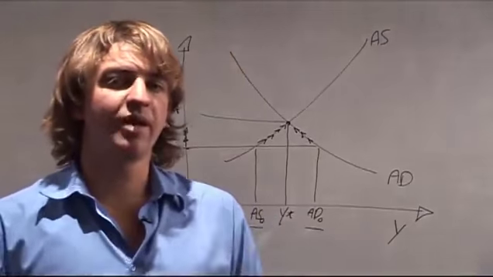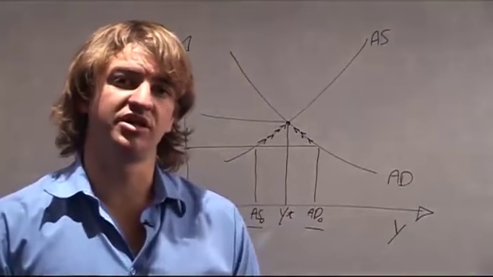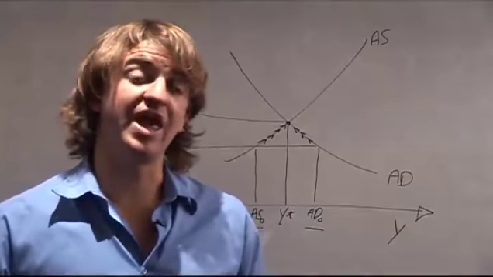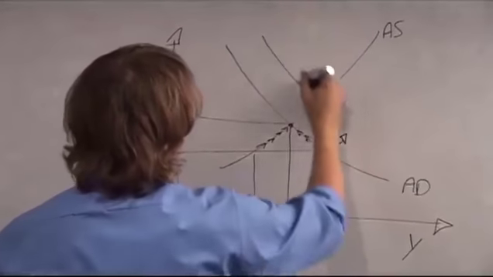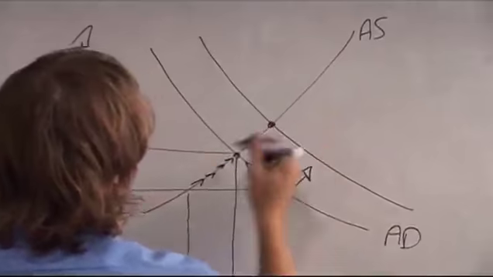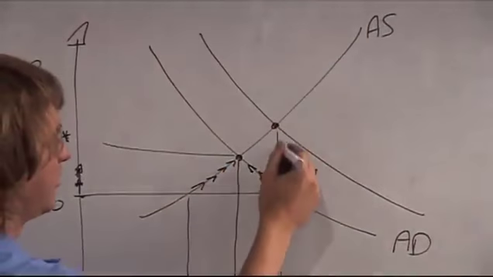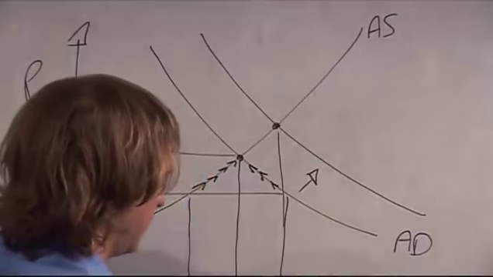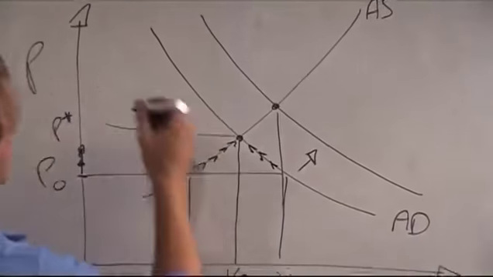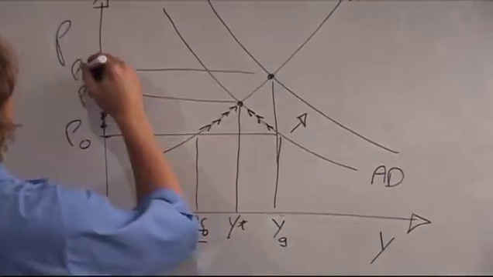What happens if the government expenditure increased? That would shift the AD curve to the right. So if the AD curve shifts to the right, you would increase the price and you would increase output. YG for government expenditure and PG.